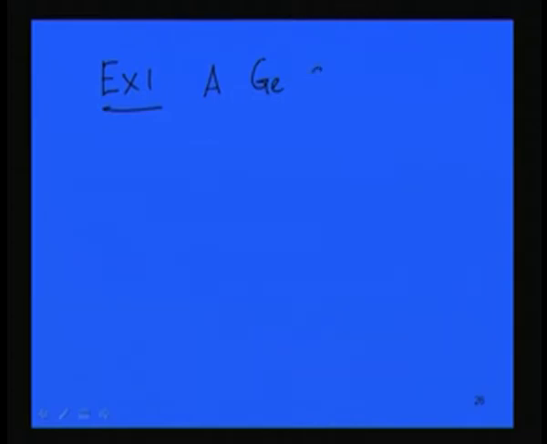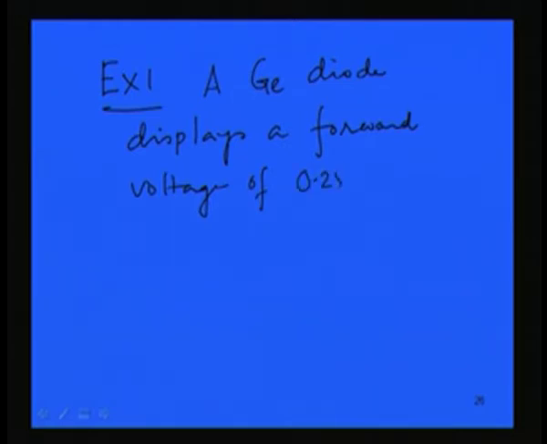A germanium diode displays a forward voltage of 0.25 volt at 10 milliampere current at room temperature, which is 300 degree Kelvin.